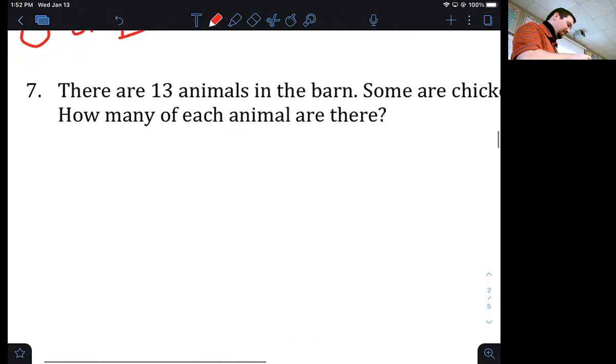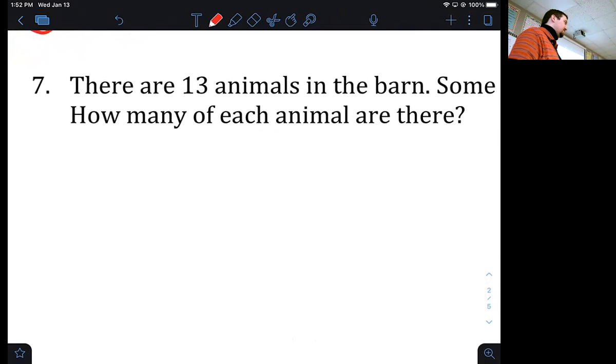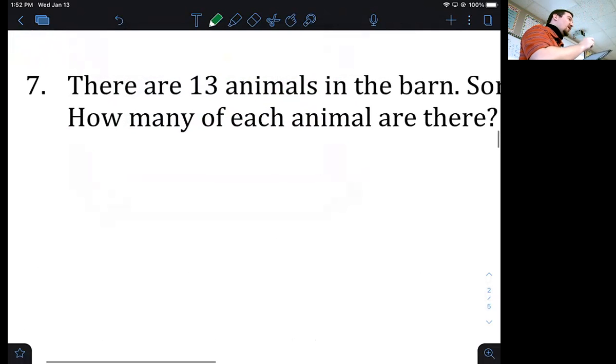So chickens have 2 legs. Important to know, do pigs have 4 or 2? Most have 4. There are pigs and chickens in the barn.